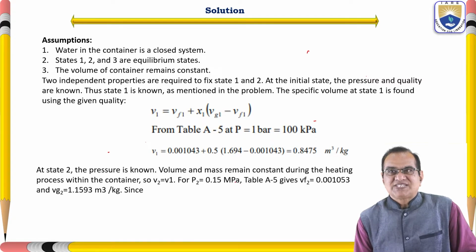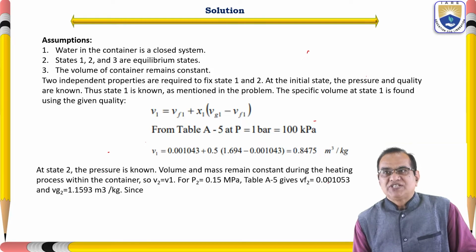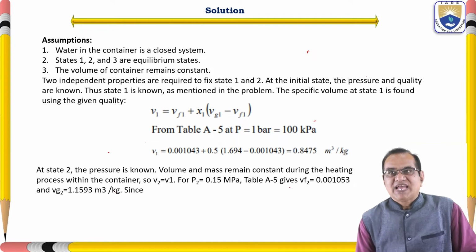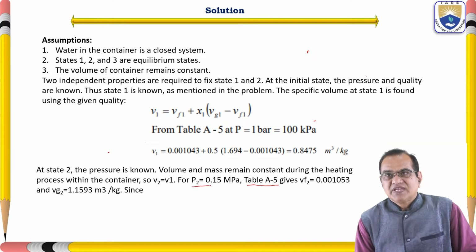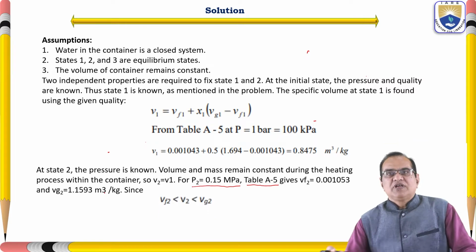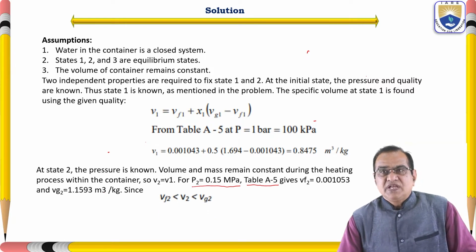From the steam table, we can find that Vf2 is equal to 0.001053 and Vg2 is equal to 1.1593 meter cube per kg. In the same way as before, we can see that Vf2 is less than V2, and V2 is less than Vg2.